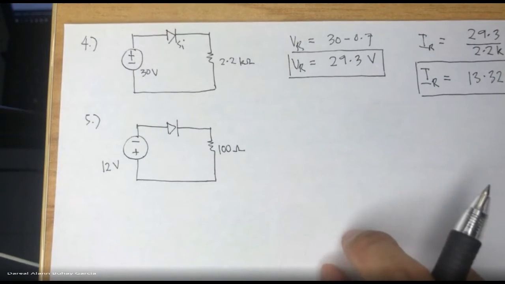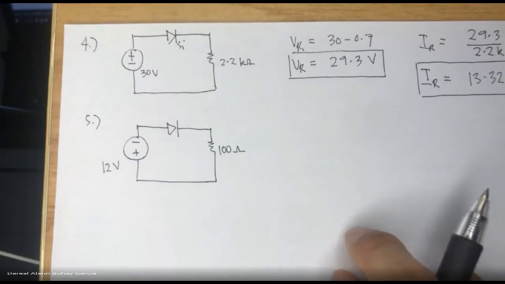So, sa atong first step, determine ang state sa diode or ang iyang bias, kung properly biased ba si diode or not.